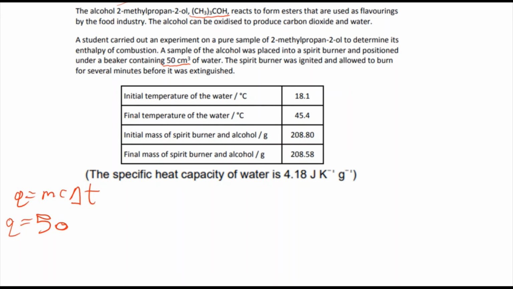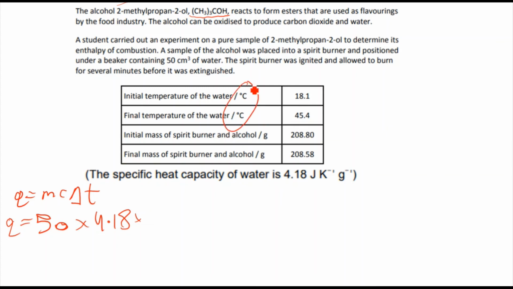You just need to convert the volume into grams, and it would have the same mass as the volume. So for this example, it'll just be 50. So 50 times 4.18. So temperature change, I will need to calculate that now.